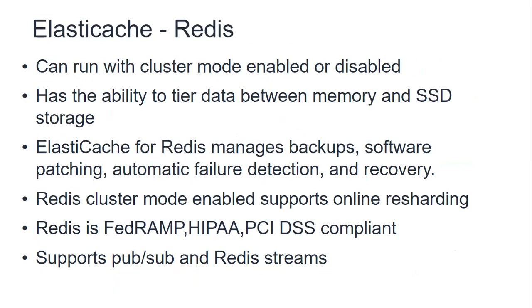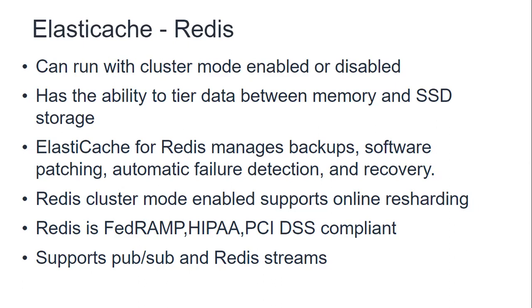The next slide is on Redis. The other reason you choose Redis is when you want to be compliant. Redis is HIPAA compliant, PCI DSS, and FedRAMP. So the security in Redis is higher than in Memcached.